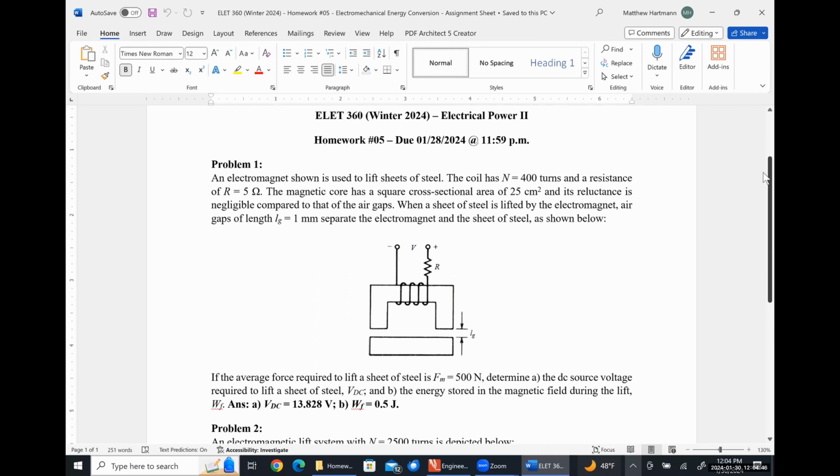Its reluctance is negligible compared to that of the air gaps, meaning effectively that we only care about the reluctance of the air gaps. When a sheet of steel is lifted by the electromagnet, air gaps of length 1 millimeter separate the electromagnet and the sheet of steel as shown below. If the average force required to lift a sheet of steel is 500 newtons, determine the DC source voltage required to lift the sheet and the energy stored in the magnetic field during the lift.